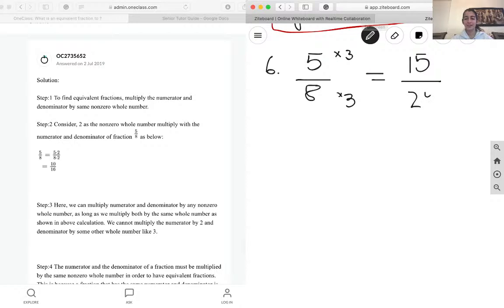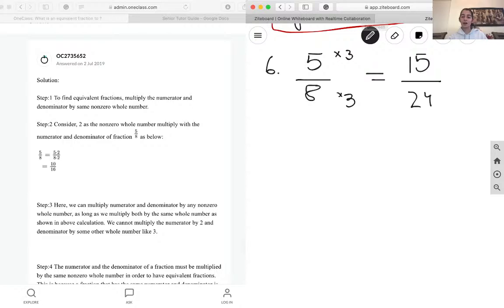Sorry, 24. So over here we have this example, 15 over 24. Another way we can check if it's equivalent is to divide by the same number. If we divide the numerator by 3, it will result in 5, and if we divide the denominator by 3, it will result in 8.